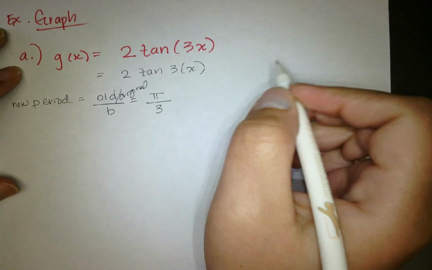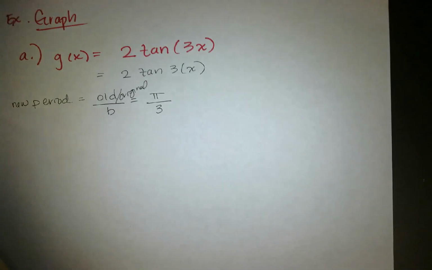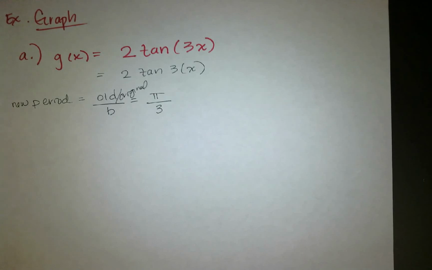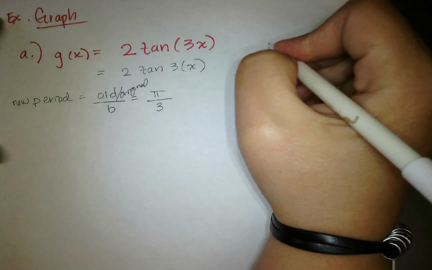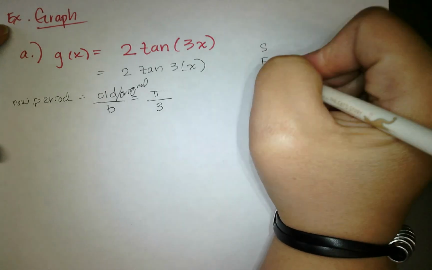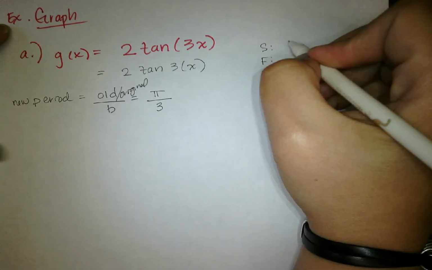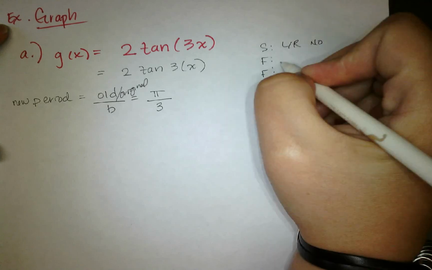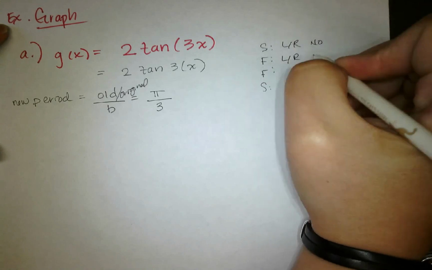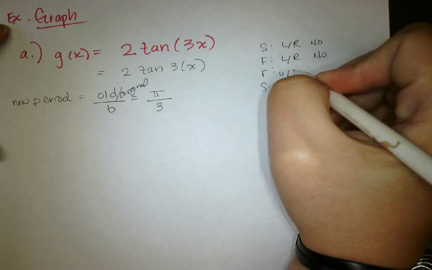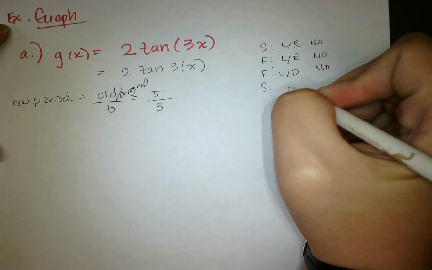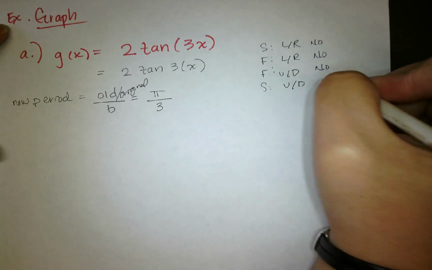So our new period is pi over 3. We have no shifts, so then you would do shift, flip, flip, shift. Left, right, shift. No. Up, down, or left, right, flip. No. Up, down, flip. No. Up, down, shift. No. Sweet.